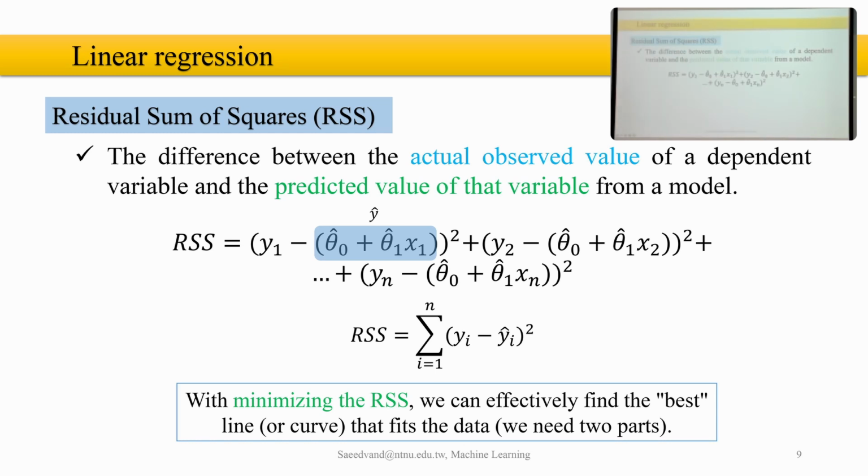We can write RSS as y minus the model that I have, squared, for parameter 1, parameter 2, for all the parameters. But don't mistake this: these indexes should not increase, because I have one model, the same model with the same parameters, theta 0 and theta 1, which we call intercept and slope.